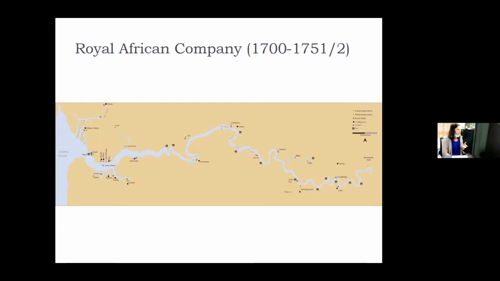But it's really once you get into the first half of the 18th century that the British have really taken hold, and they've really got a system underway for how to do this. So a few of the ports have shifted as the caravans have shifted where they're going, because they're also now trying to go directly to some of these outposts. And you could see the Royal African Company has them set up in a larger number throughout most of the river.